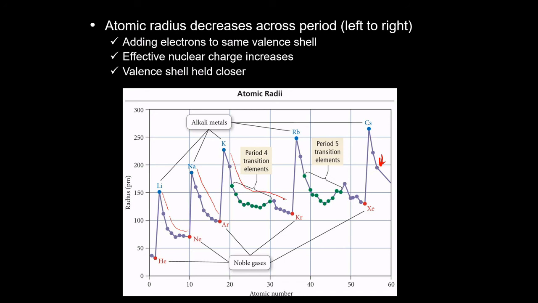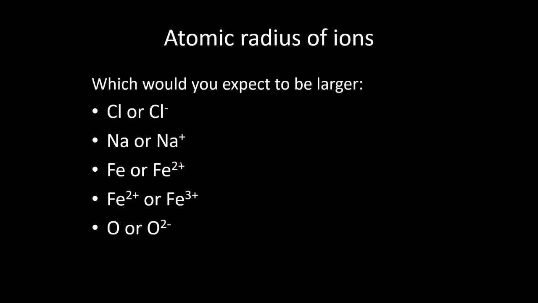Like, again, there's exceptions to almost everything in science. But overall, as you go to the right on the periodic table, things get smaller. And as you go down the table, things get larger. And you can see that here going from lithium to sodium to potassium to rubidium to cesium. It is getting larger and larger.